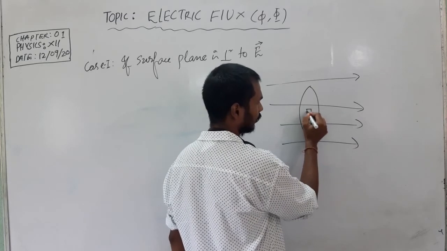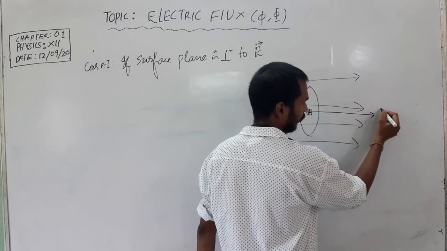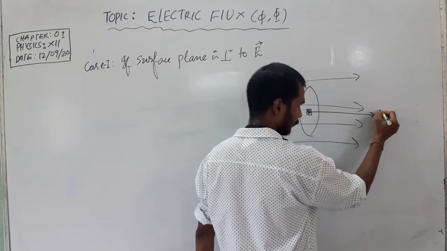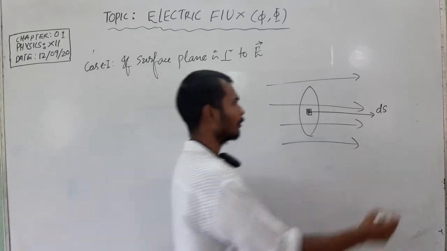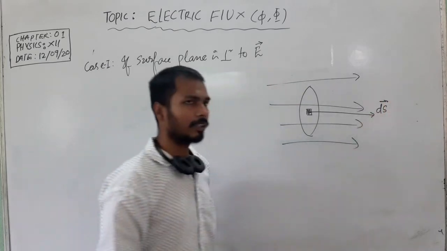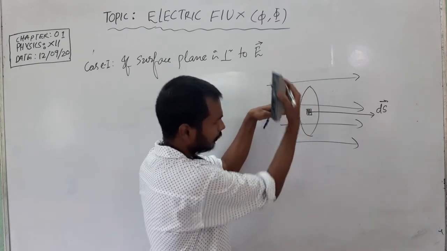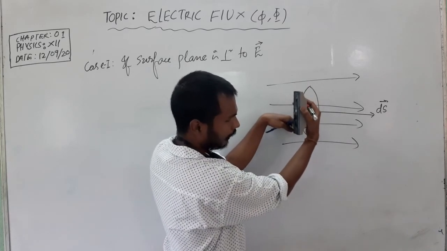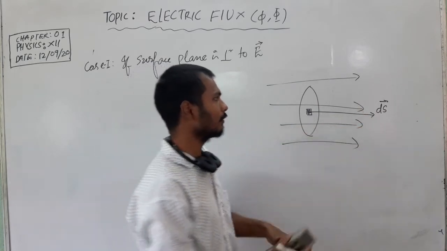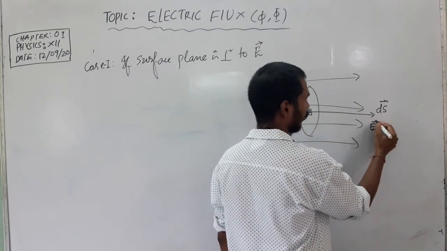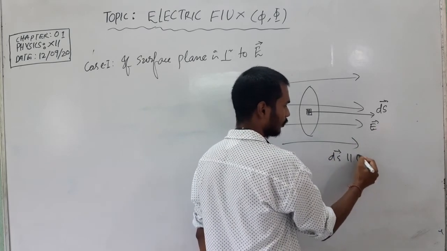This is the area vector or surface vector. This surface is perpendicular to the direction of the electric field. So ds is parallel to the E vector.